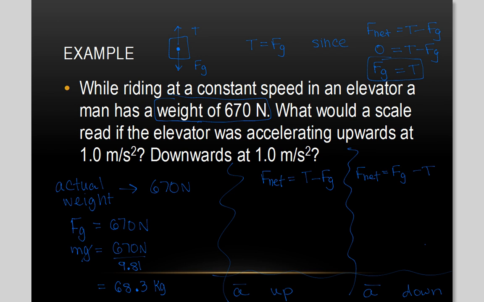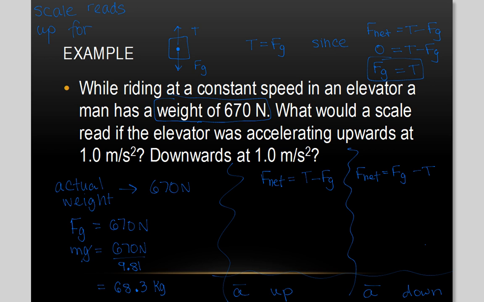Okay, so when you look at the second part of the statement, it says, what would a scale read? What are you trying to solve for? What does the scale read? Careful, the scale reads which force? The up force.